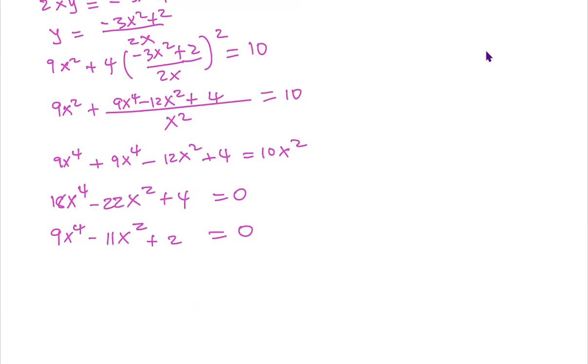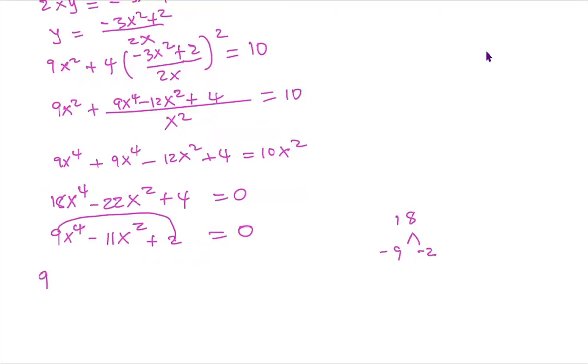Multiply 2 and 9, that's 18. Two numbers multiply to give you 18 and add to give you negative 11. That's negative 9 and negative 2, right?